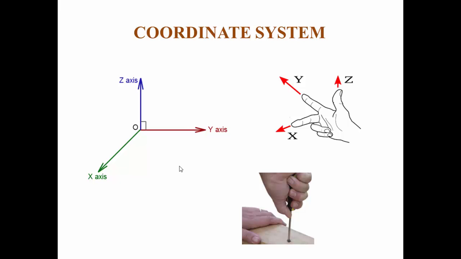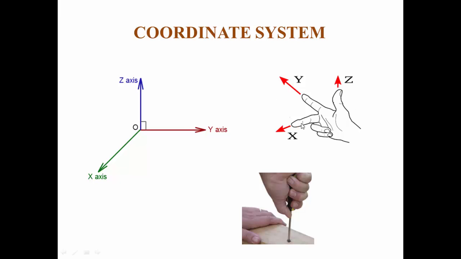Next, the coordinate system. We are dealing with three-dimensional axes: the x-axis, y-axis, and z-axis. This can be explained with the help of fingers. Just take your fingers like this.